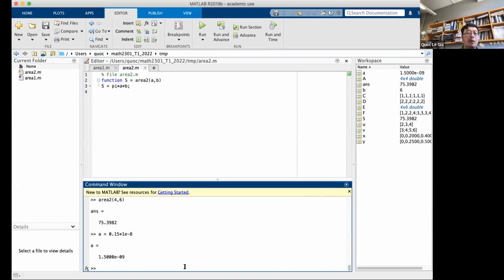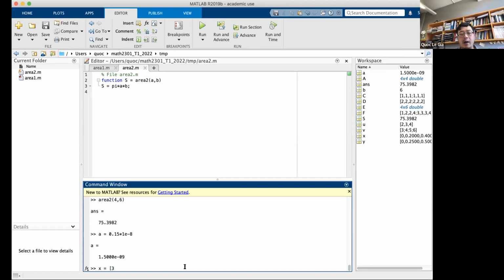And then how do you define a column vector? x equals 3, 5, 7, 9, 11, 13, 15. So how do you define the vector?